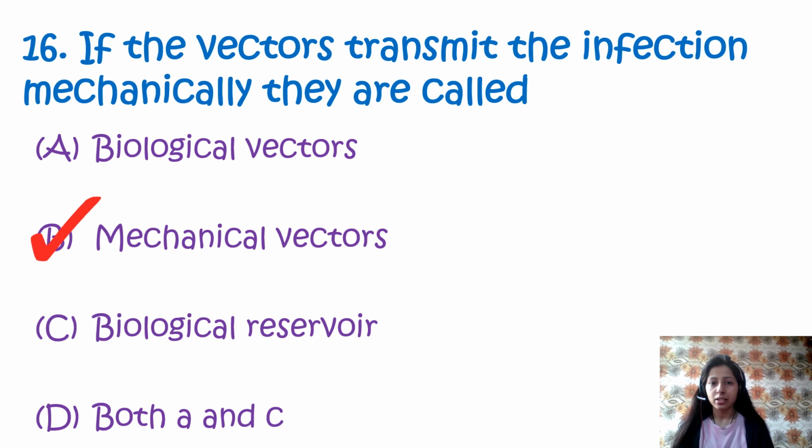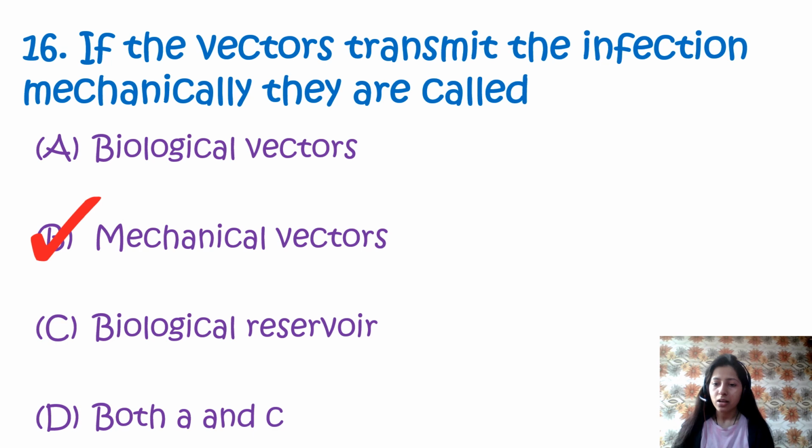Vectors are animals that carry a pathogen from one host to another without being infected themselves. मतलब वो host वो खुद infect नहीं होते हैं, whereas वो जब किसी और के ऊपर बैठते हैं, they infect them. So in mechanical transmission, the pathogen is carried on the surface of the vector's body and it is transferred to the host when the vector feeds on it.